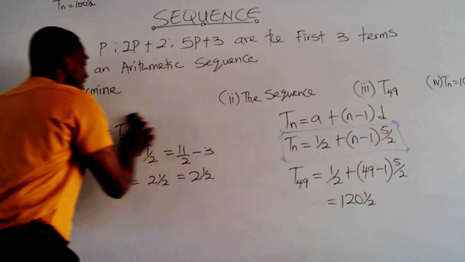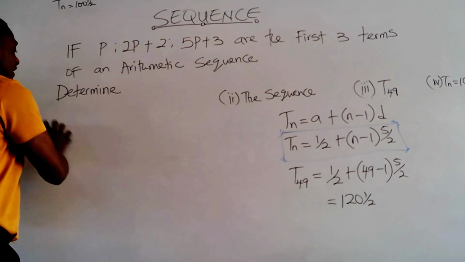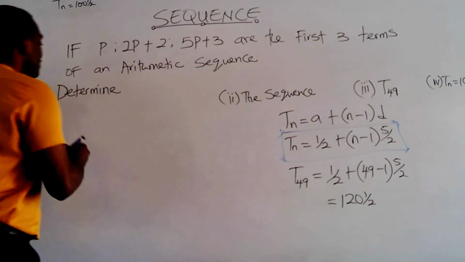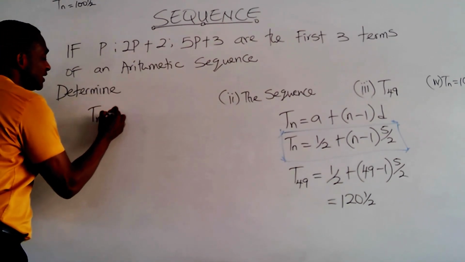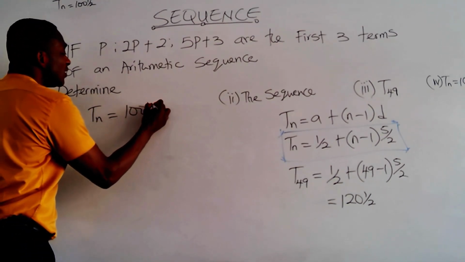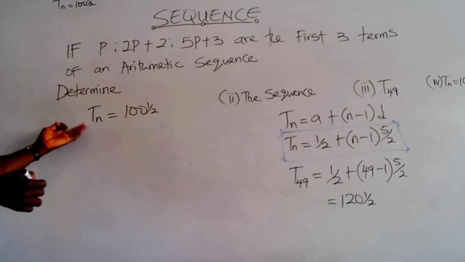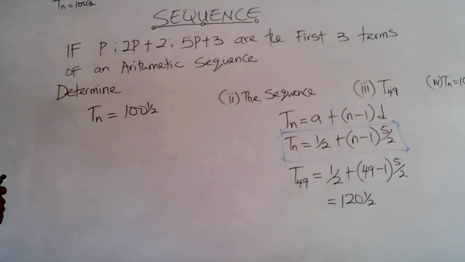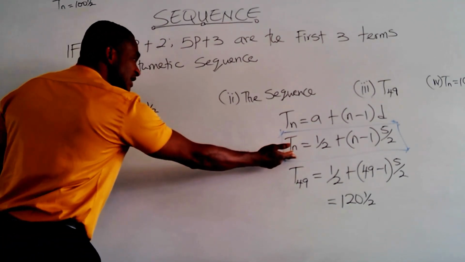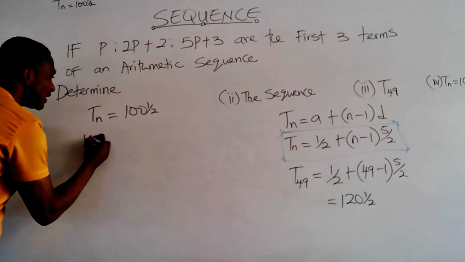And let's look at the last question here. The last question is asking us, if Tn is equal to 100 and a half, which term number is 100 and a half in the sequence? What do we do? Plug in Tn as 100 and a half.